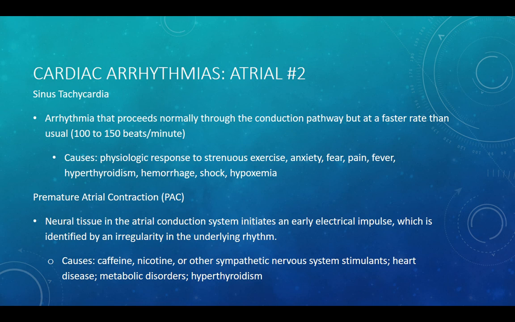It is a premature atrial contraction that comes along, and the neural tissue in the atrial conduction system initiates an early electrical impulse, which is identified by an irregularity in the underlying rhythm. Causes: caffeine, nicotine, or other sympathetic nervous system stimulus, heart disease, metabolic disorders, or hyperthyroidism.